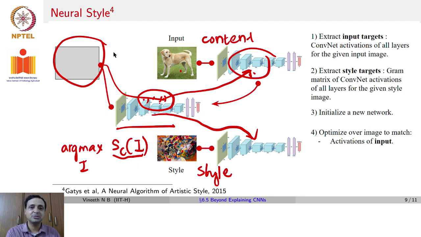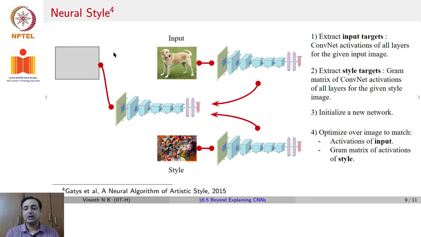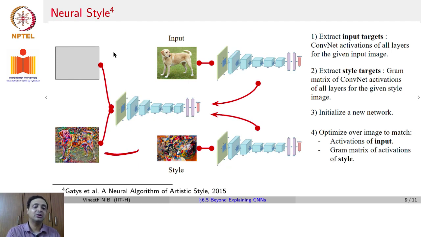Similarly, minimize the distance between the gram matrix of the covariances between activations here and the gram matrix of the covariance between the activations in the style when you forward propagate the style image. When you combine these two, you end up getting an image which takes the style from the style image and the content from the input image, and that's the output that you get while you started with a simple gray image.